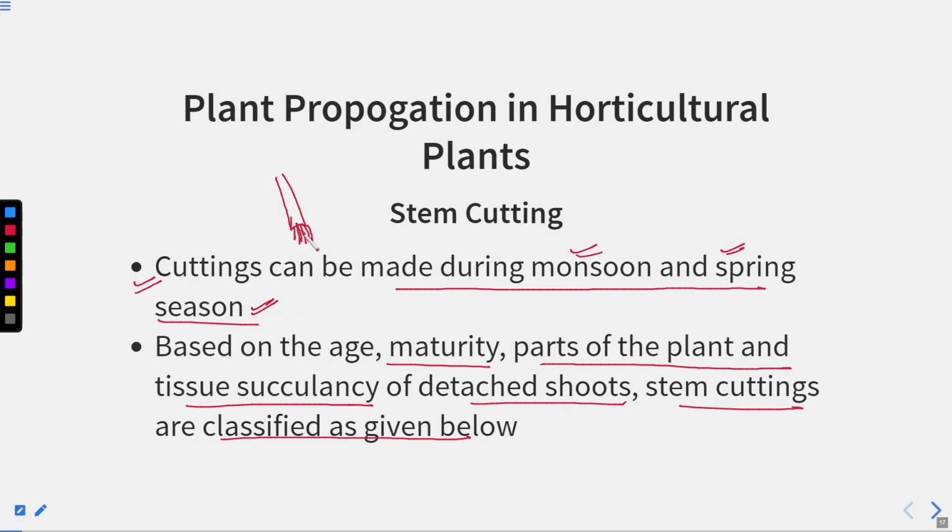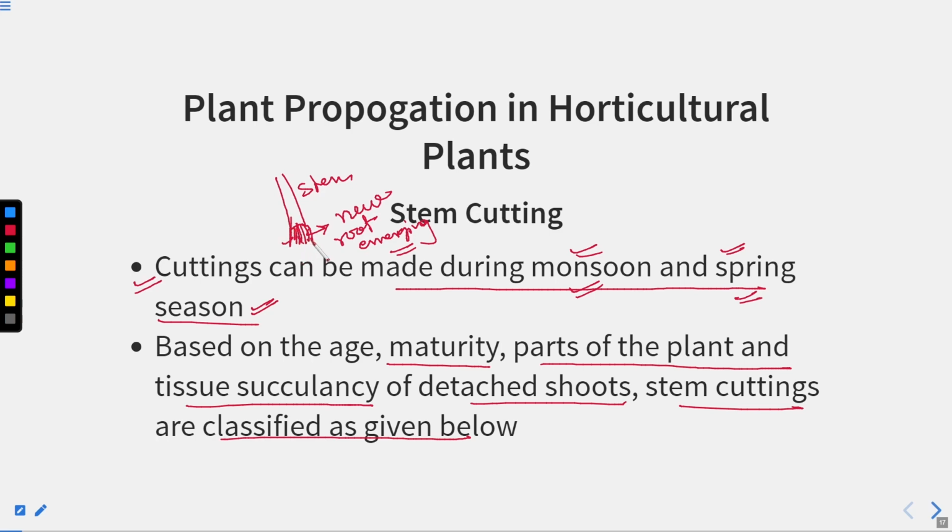And once the root develops fast from the lower base of the stem, this is the stem and this is the new root emerging, new root emerging. So this happens fast in monsoon and spring season, and it helps in establishment of the plant in the new soil, right? Once the root is developed, it means that now the plant will be established.